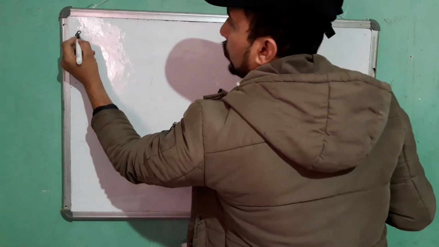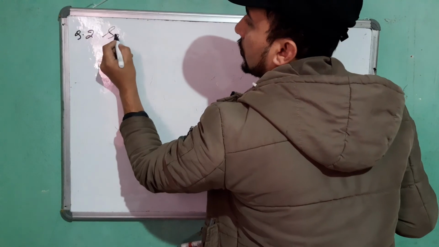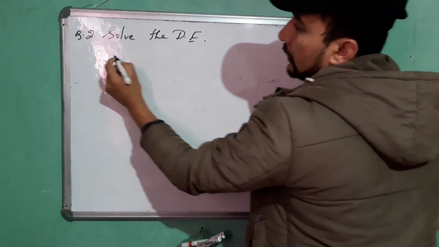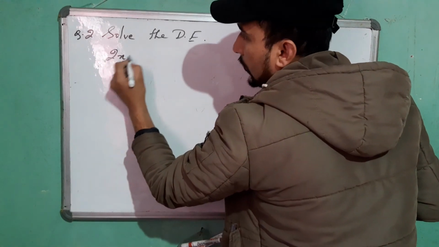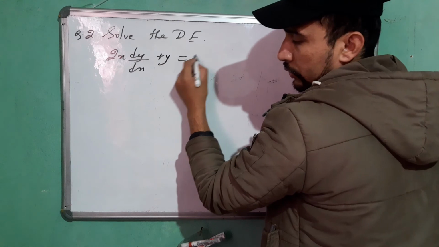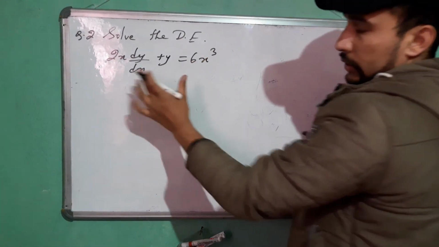Your question is question number 2. Solve the differential equation 2x dy dx plus y is equal to 6x cube. This is your home task.